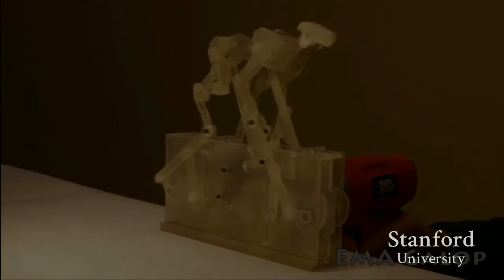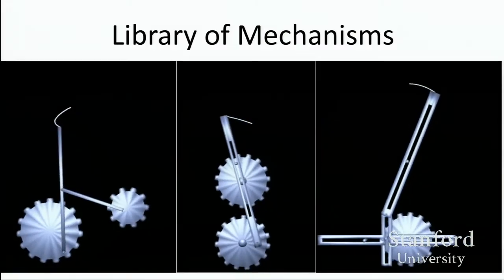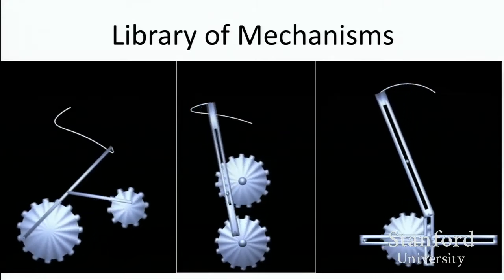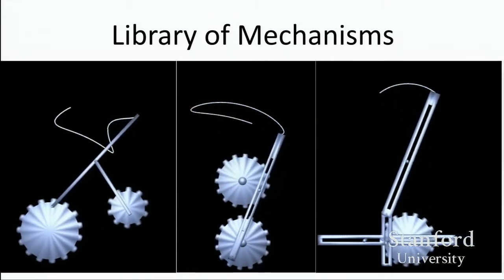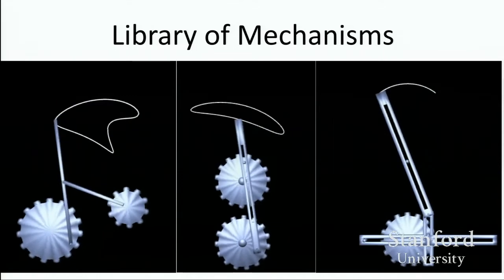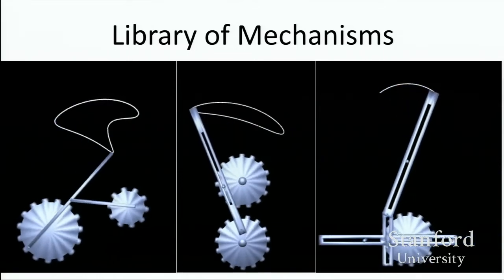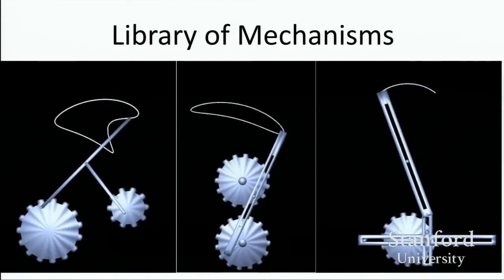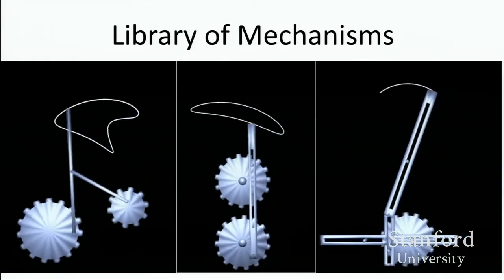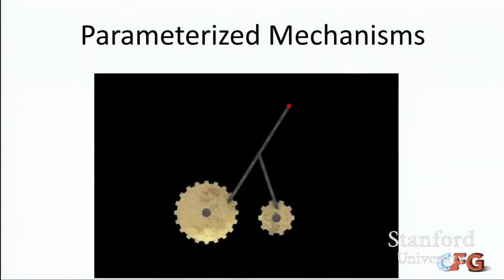So how do we do this? Well, there's no free lunch here, and you have to start somewhere. In our case, we start with a library of mechanisms. There are a number of mechanisms that can produce a huge variety of motions. What's really interesting about it is that we make these mechanisms parametrized.